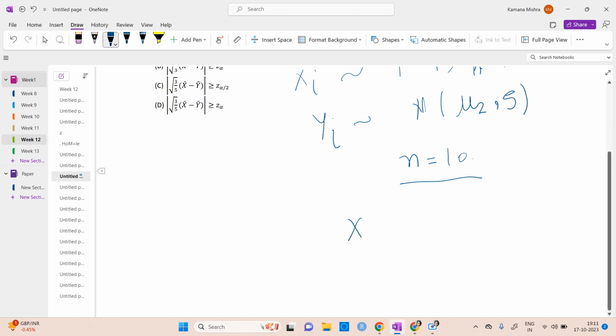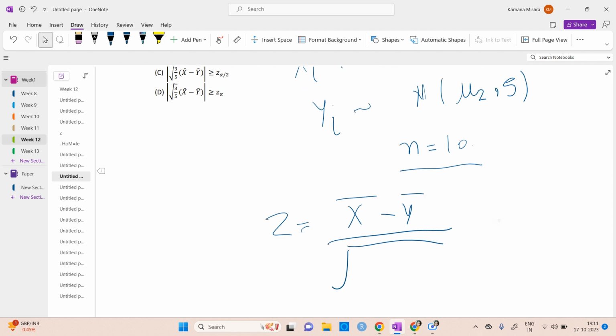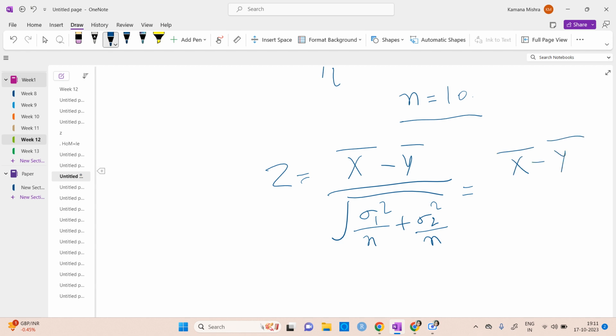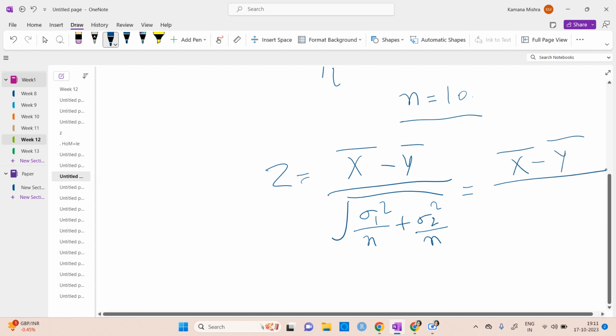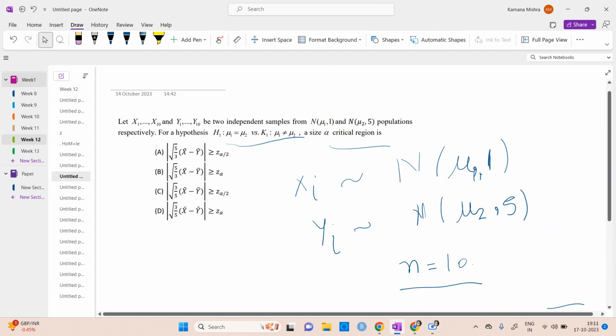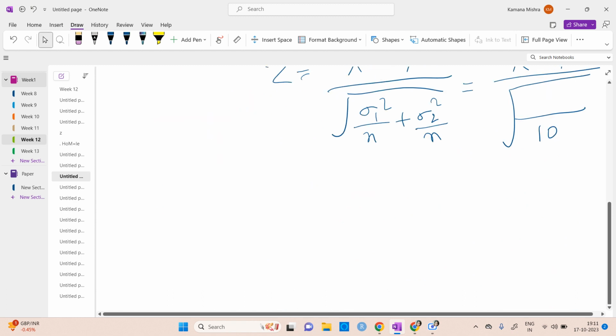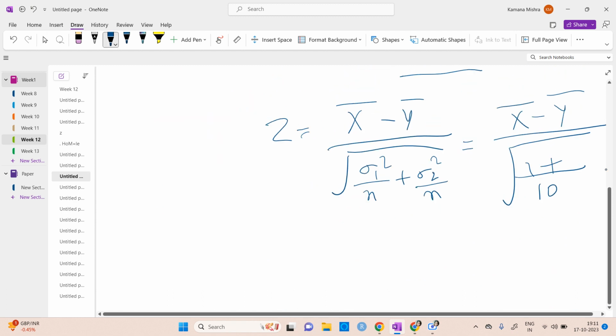So Z we take as x bar minus y bar divided by square root of sigma 1 square by n plus sigma 2 square by n, right? So x bar minus y bar, and under root n is 10 for both, and sigma 1 square is 1 here, 5. So it would be 1 plus 5.